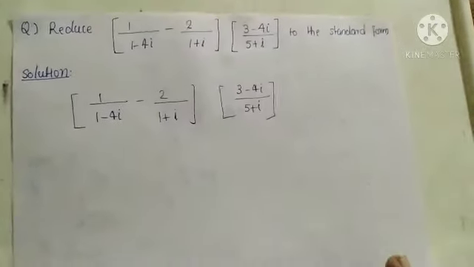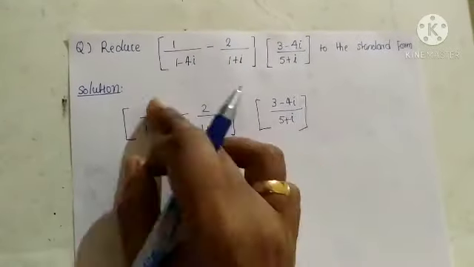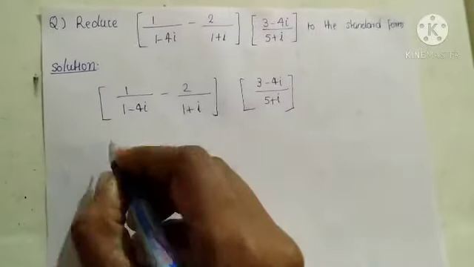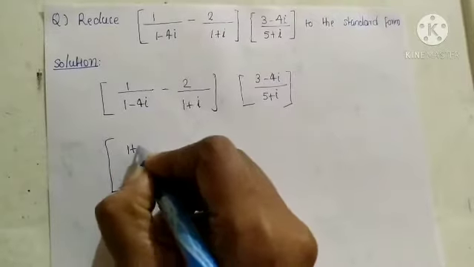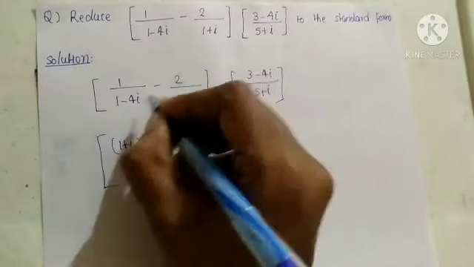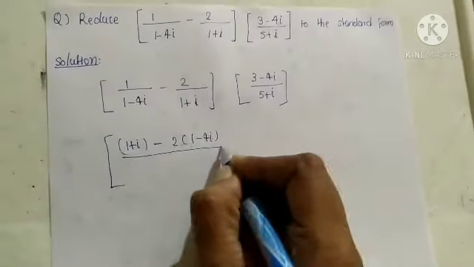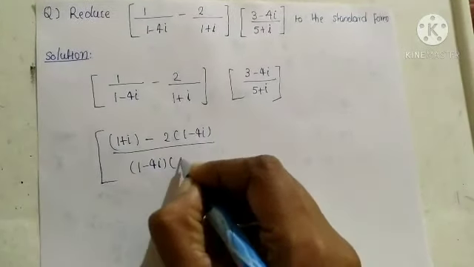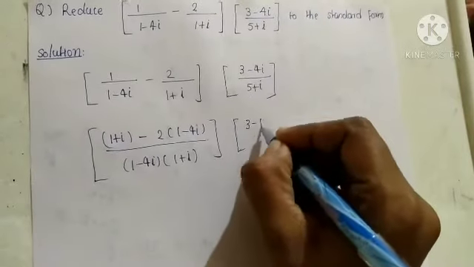So first of all I am going to do cross multiplication of this term, and this term remains the same. On cross multiplying this term it will become 1 plus i minus 2 into 1 minus 4i whole divided by 1 minus 4i into 1 plus i, and this term remains the same.